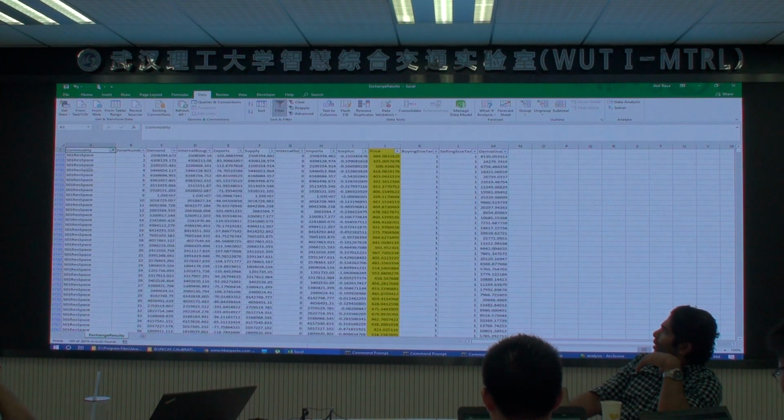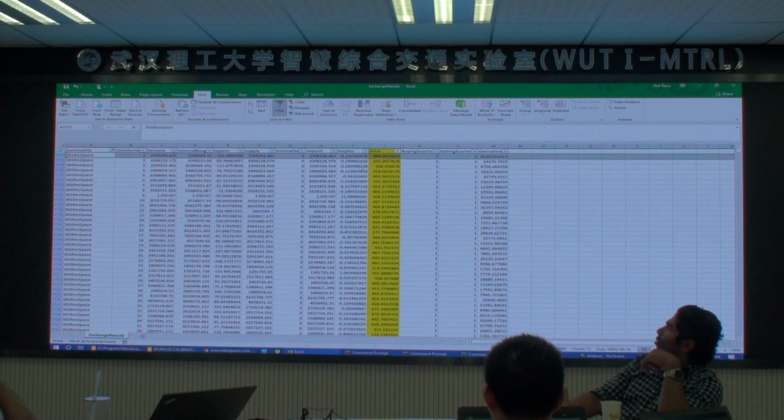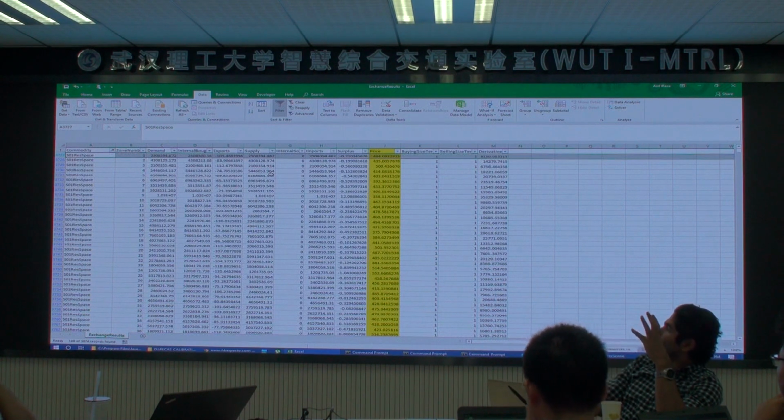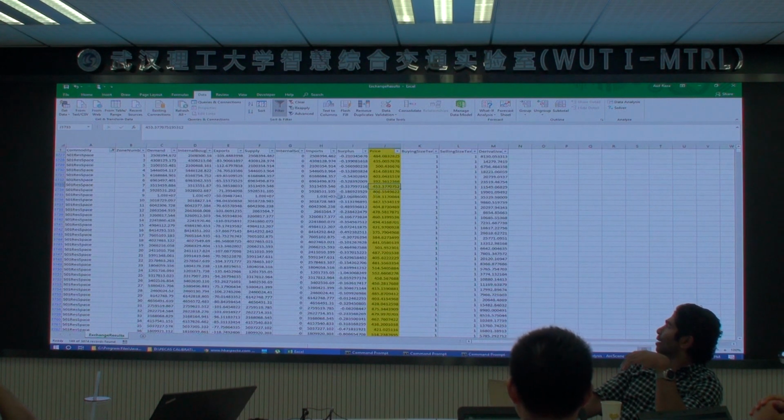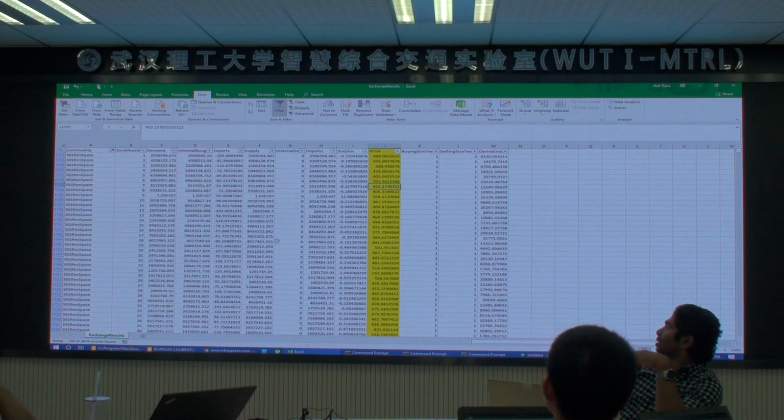Here it gives us, for example, the price of the residential space in zone 1. So if you need to analyze how the price changes through time or between two scenarios, you can use this file. It gives you the prices for each commodity in each zone.